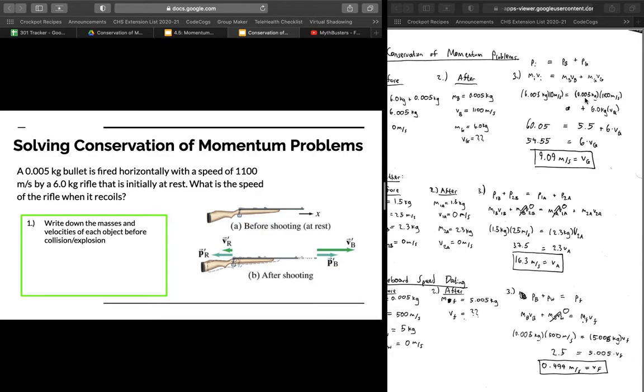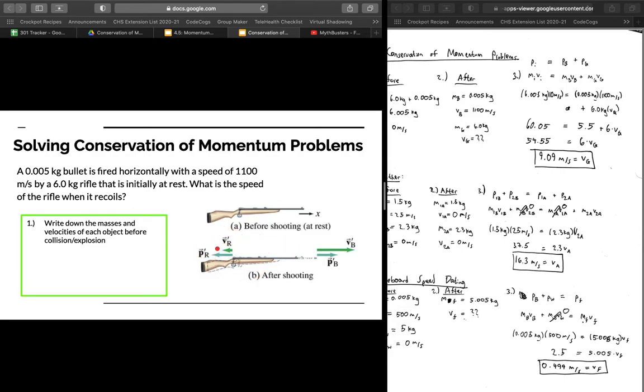So that's going to be 0.005 kilograms times 1100 meters per second plus 6 kilograms times the velocity of the gun. So as a result, we're going to get 0 equals 5.5 plus 6 times Vg. So as a result, we're going to get negative 5.5 equals 6 times Vg. And as a result, we're going to get the velocity of the gun equals 0.92 meters per second. So that's how fast the gun is going to recoil with.